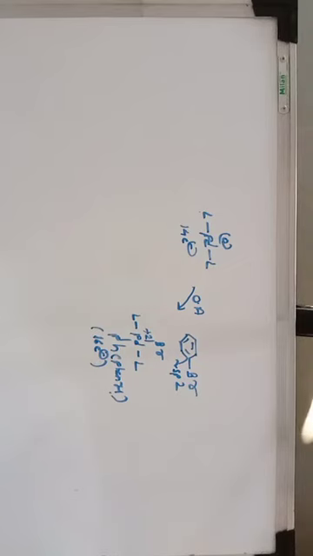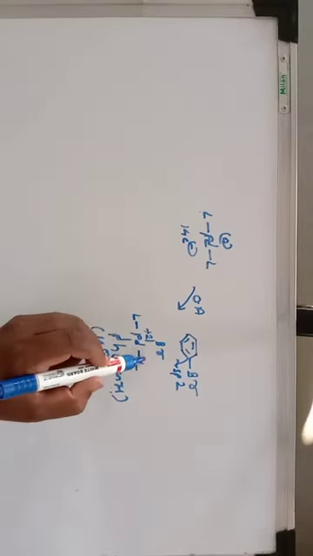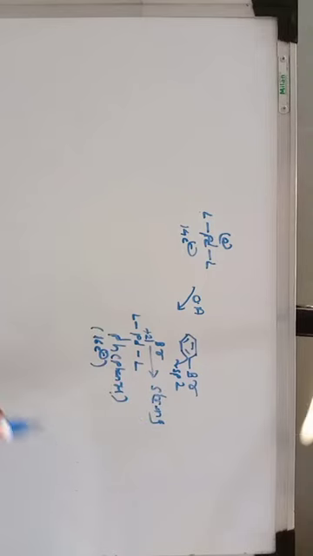If you consider this palladium and bromine bond, it is a strong bond, because we know that bromine is electronegative and the metal has a much more positive charge.